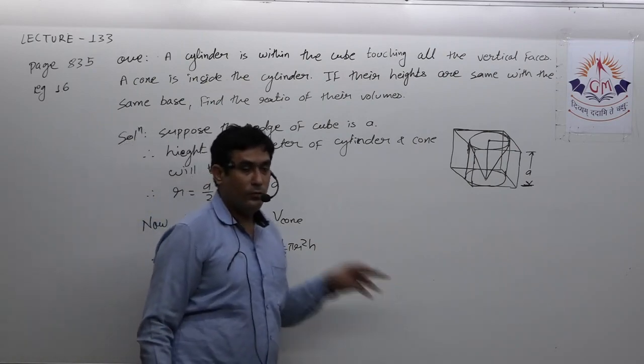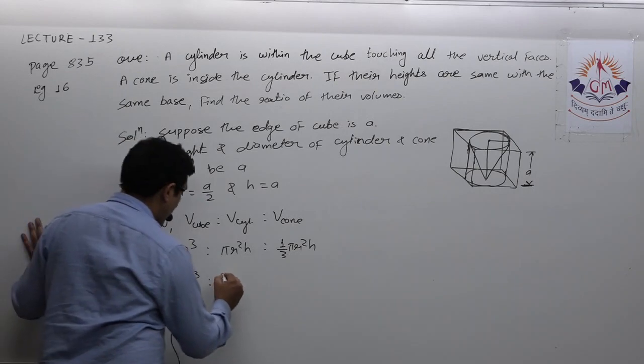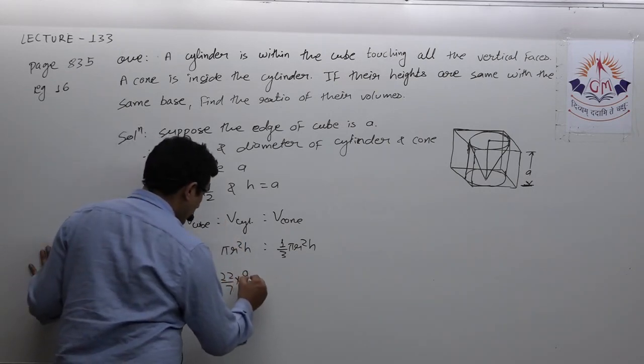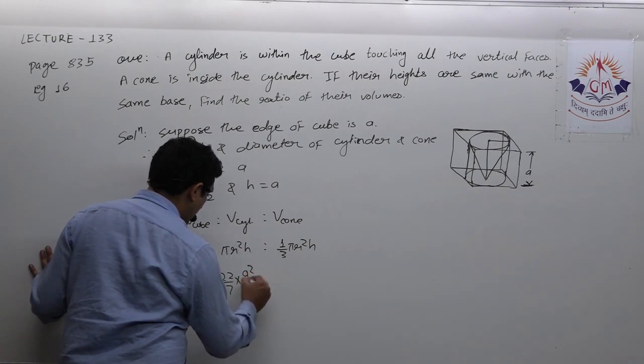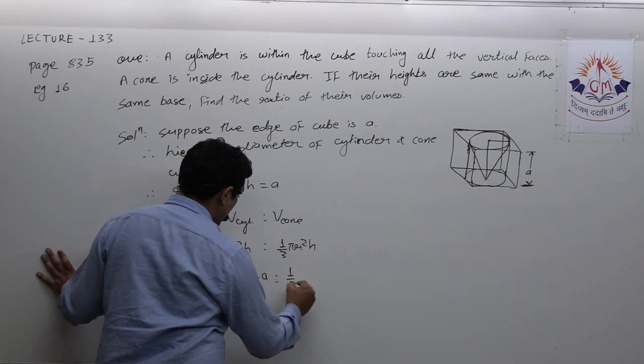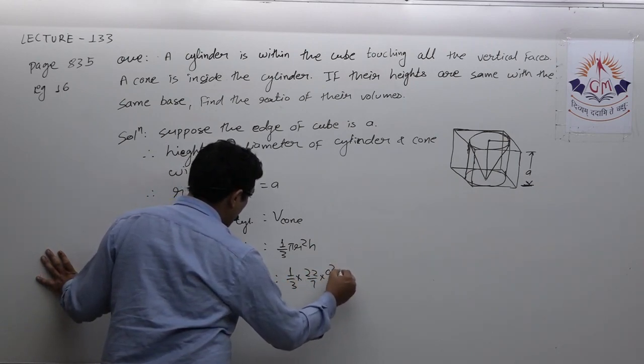Here I kept the formulas. Now A cube is to, now pi is 22 upon 7, radius is A by 2, so A square by 4, height is A. Over here again 1 by 3, 22 upon 7, A square into A.